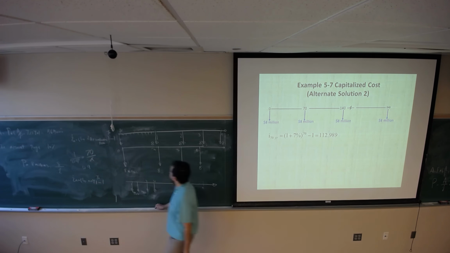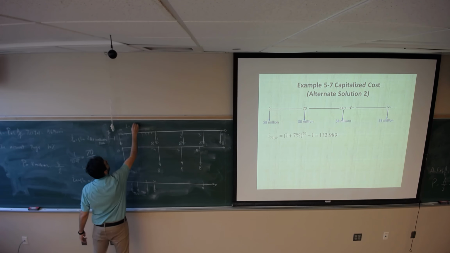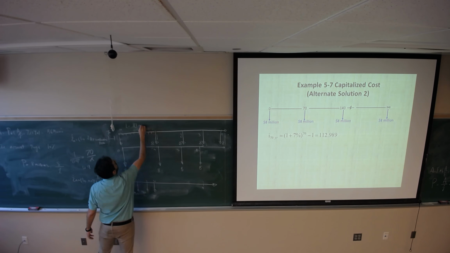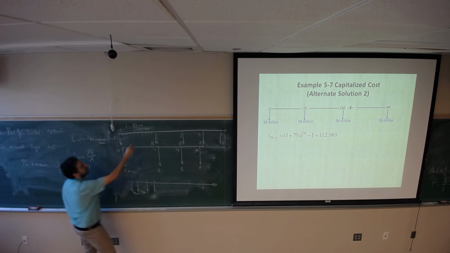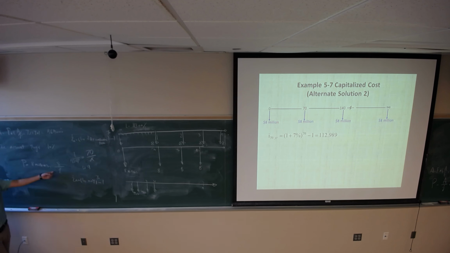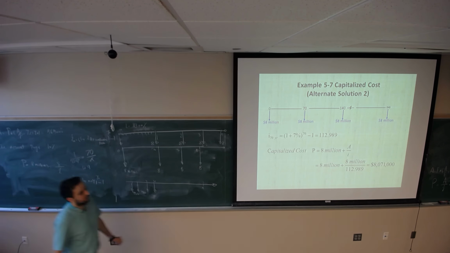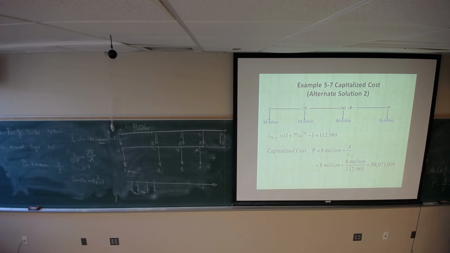So now I know what the I is. I is 11300 percent. Then just plug in: 8 million plus 8 million divided by I, which is 113, and you will get the same.